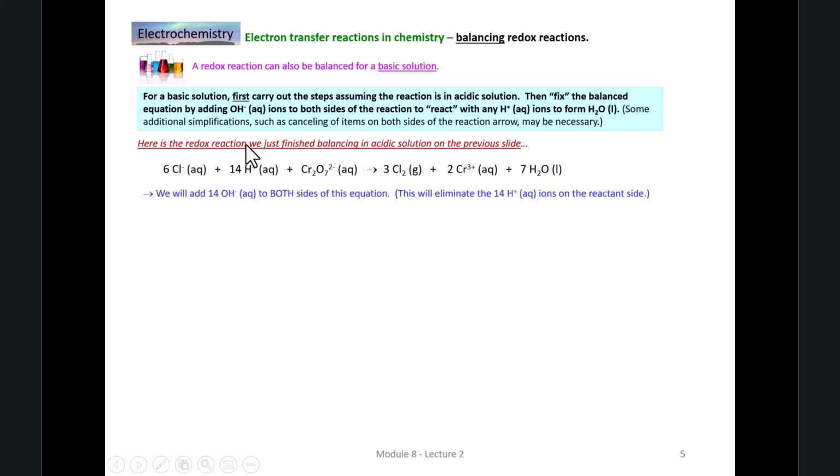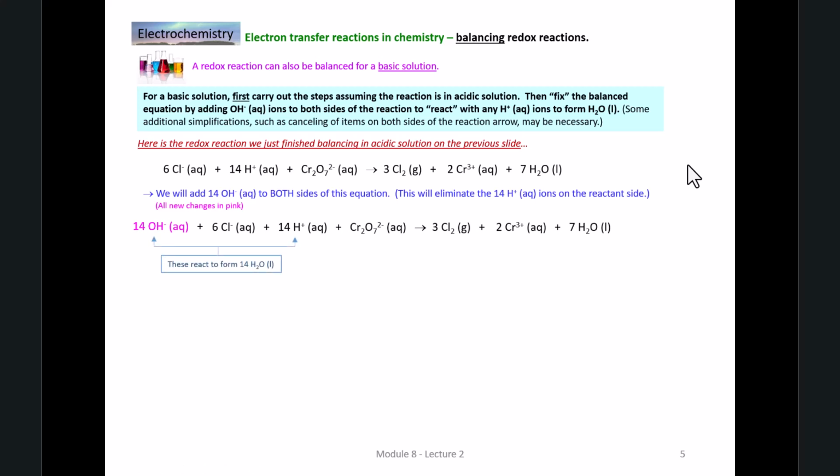And since this is a chemical equation, you're going to need to add those 14 hydroxide ions to the right side as well. So let's add our hydroxides to the left. When we do that, they'll react with the 14 hydrogen ions and form 14 waters.